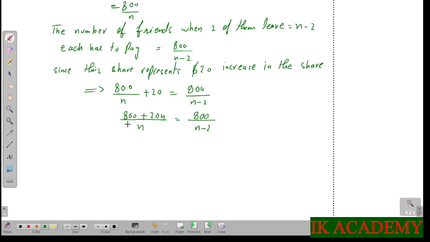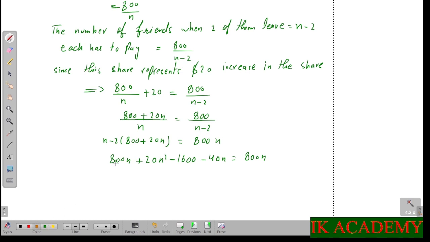If we solve this, we take cross multiplication. So n minus 2 into 800 plus 20n is equal to 800n. So n into 800 is 800n, plus n into 20n is 20n square, minus 2 into 800 is 1600, minus 2 into 20n is 40n, equal to 800n.